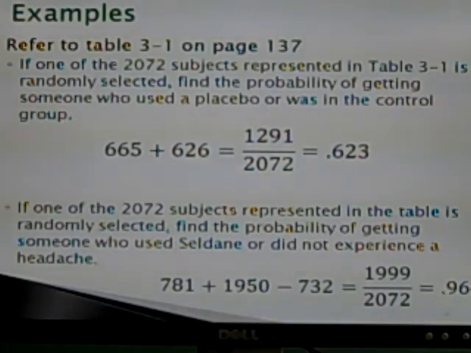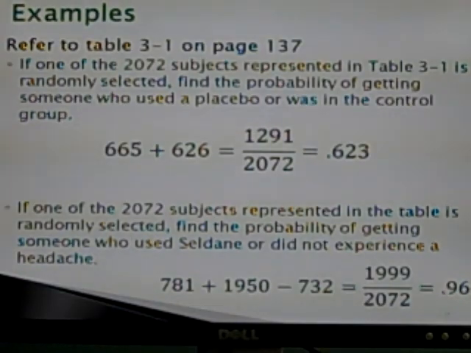And then I needed to subtract the people who used Celandine and did not experience a headache, which was 732. So once I added 781, 1,950, and then subtracted 732 from it, my grand total, without an overlap, was 1,999 people. And again, since I'm using the same survey, I need to put it over 2,072.